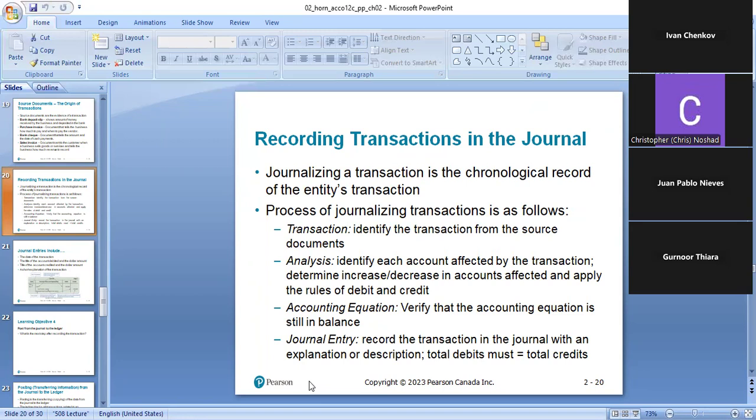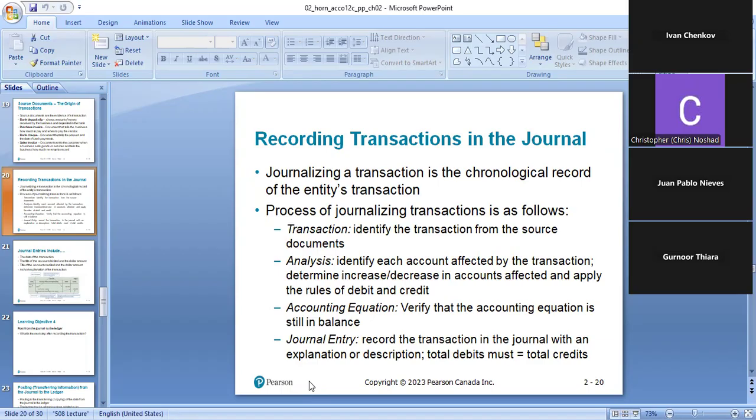Now, what will be the process of journalizing the transaction? First, we have to identify: do we have a document, and is that document related to the transaction? Second, if yes, then we have to identify which accounts are involved. Are those asset accounts? Are those liability accounts? What will be the proper name, how are we going to name it?